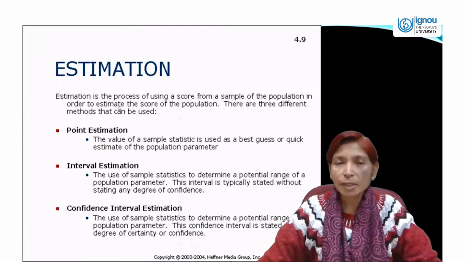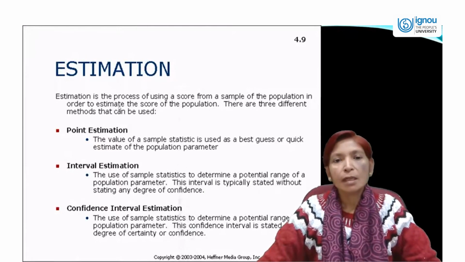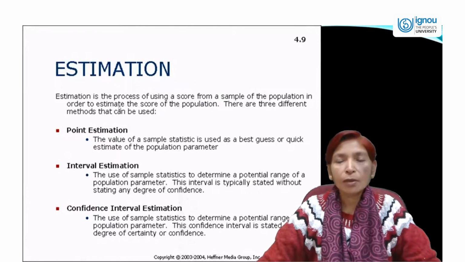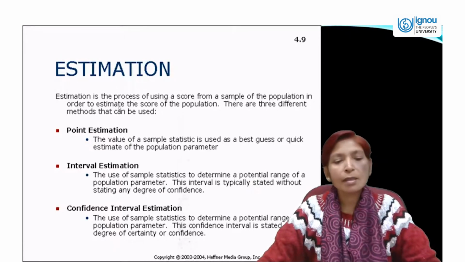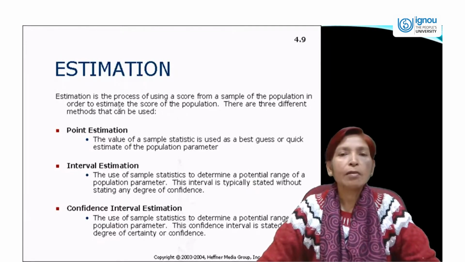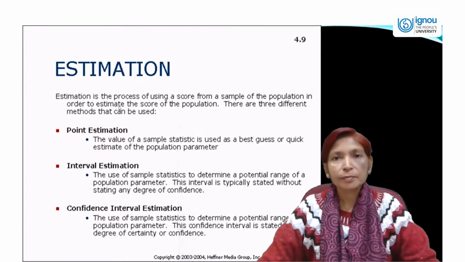Estimation is the process of using a score from a sample of the population in order to estimate the score of the population. There are three types of estimation. One is point estimation, next is interval estimation, third is confidence interval estimation.